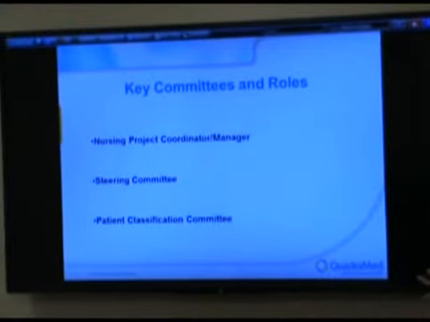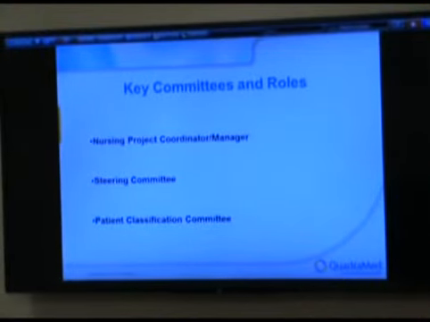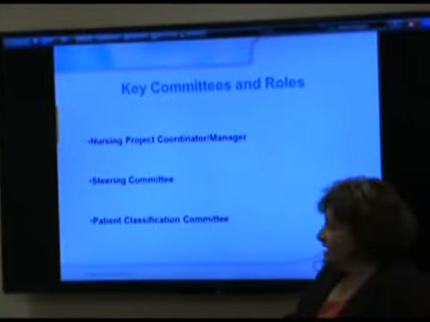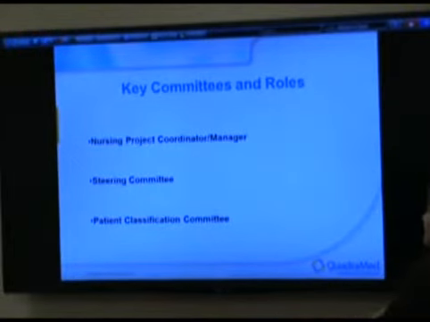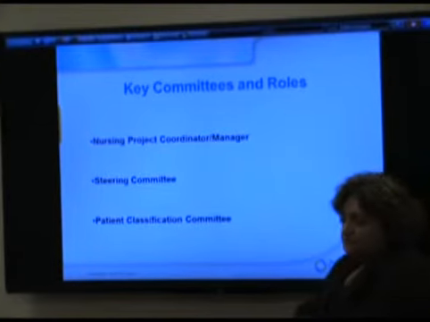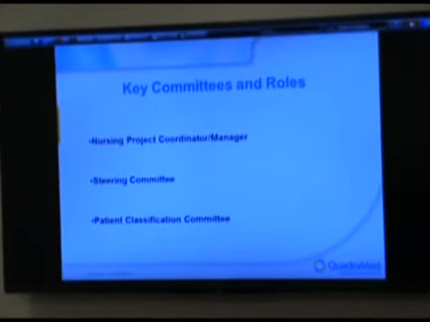And then the patient classification committee can be anybody, any of the staff that is going to help Barb monitor the information going into our software, as well as being a super user, someone that the staff can go to.